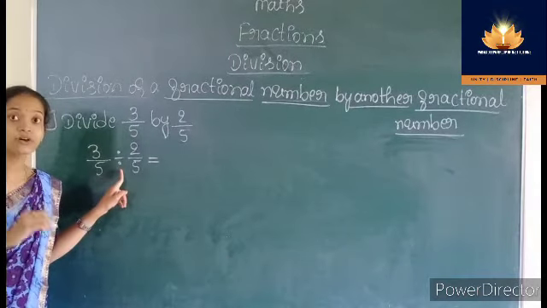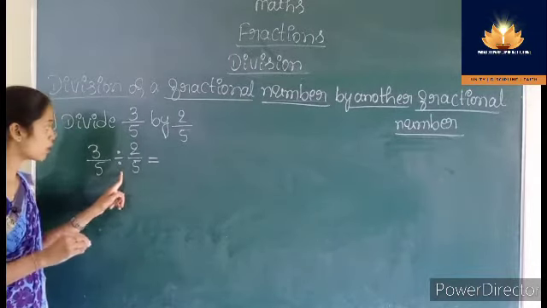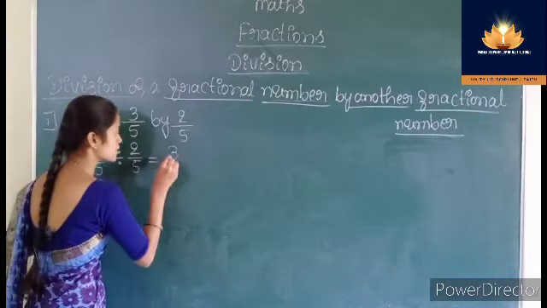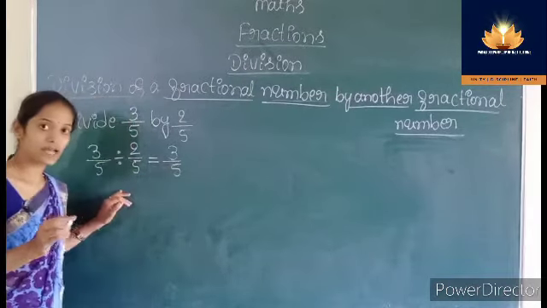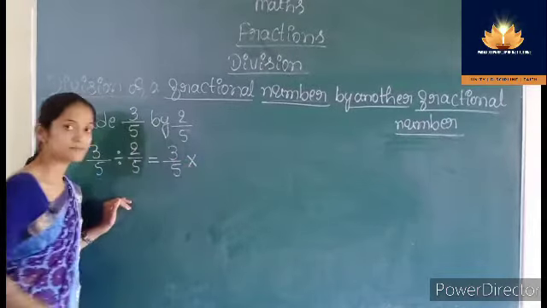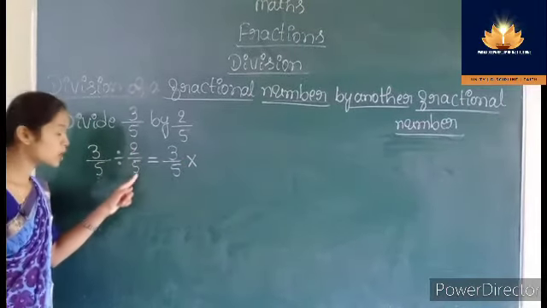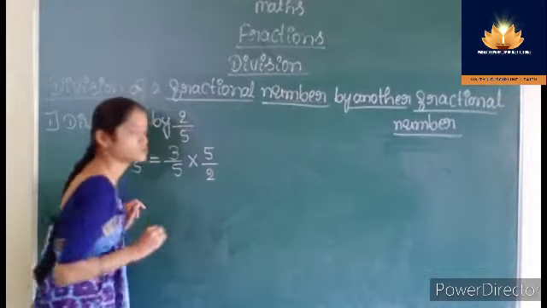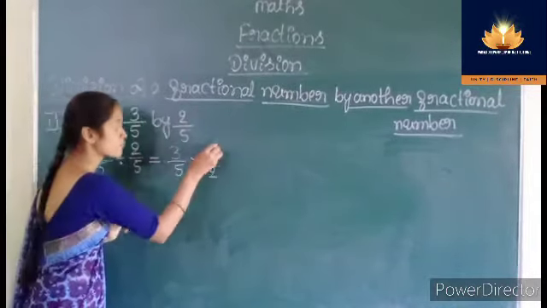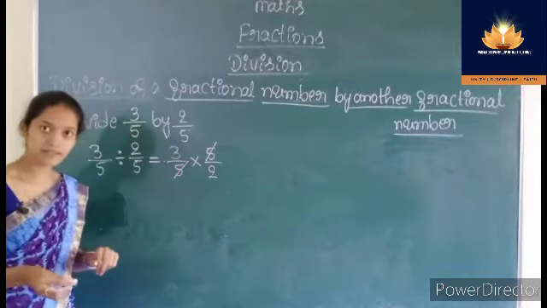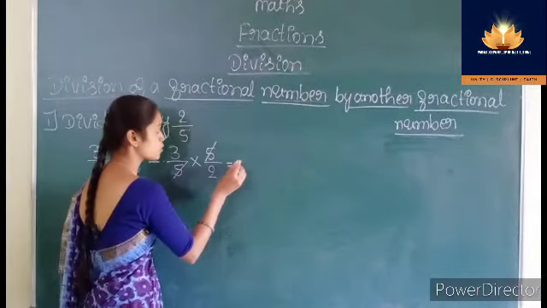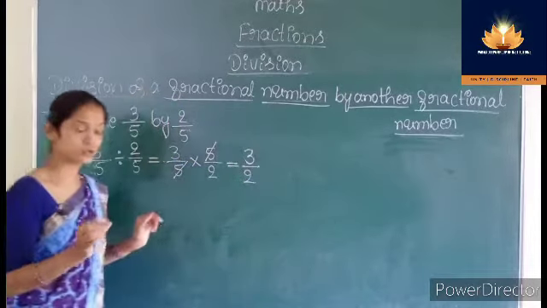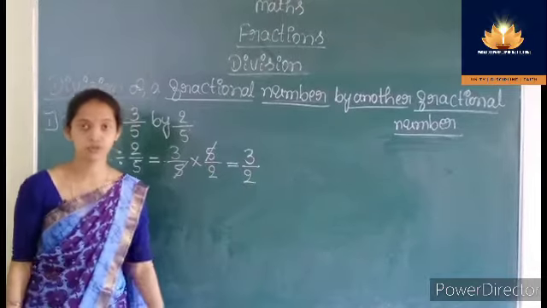Then we have to write the reciprocal of 2 upon 5. That is 3 upon 5, then multiplication symbol, then the reciprocal of 2 upon 5, that is 5 upon 2. Right. 5 and 5 get cancelled. So we are left with numerator 3, denominator 2. So we get 3 upon 2.